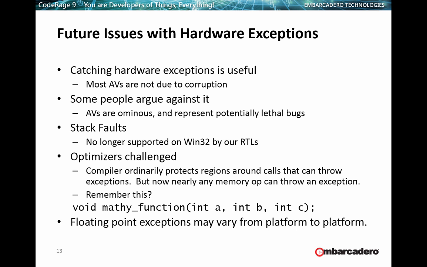So you remember this function, the void mathy function, which takes 3 integers, and I showed an example where you make 3 calls to function f, which returns an object which has been constructed on a stack, and any one of those could throw an exception.